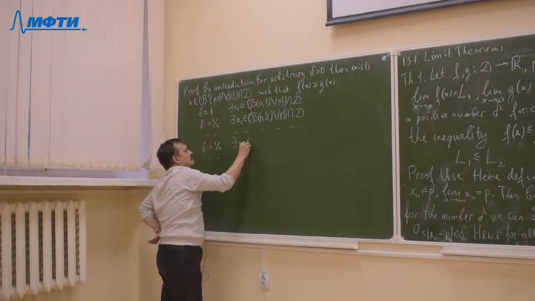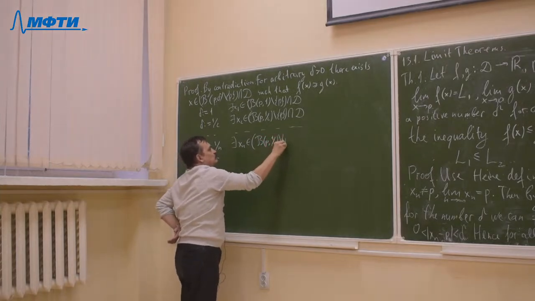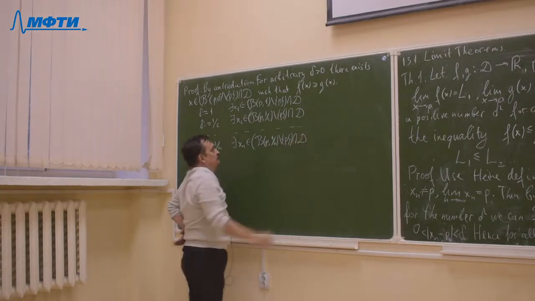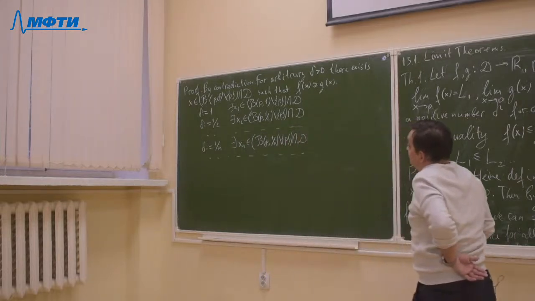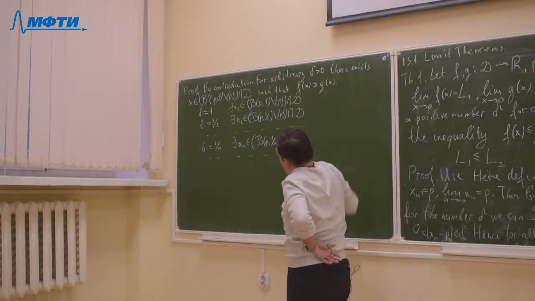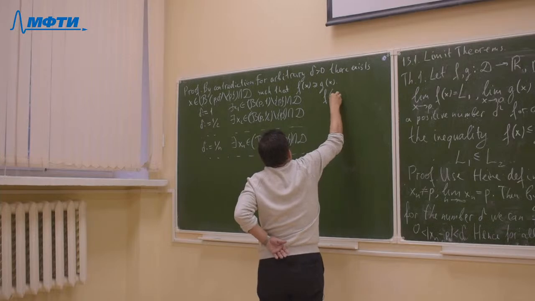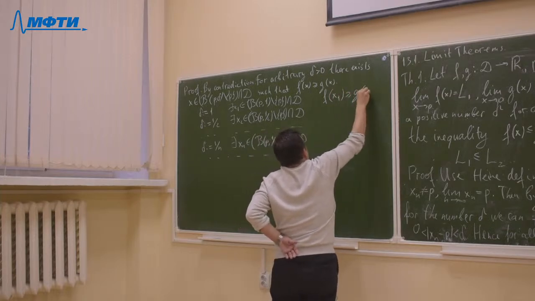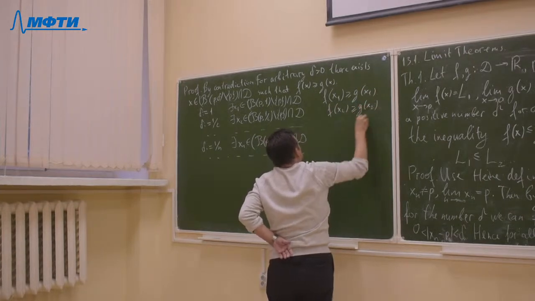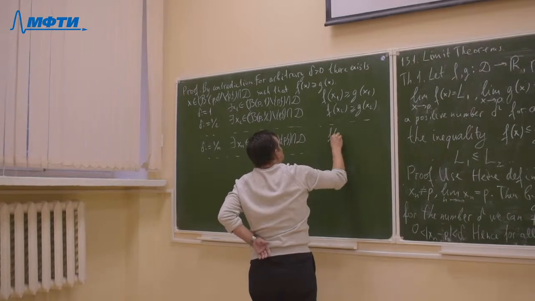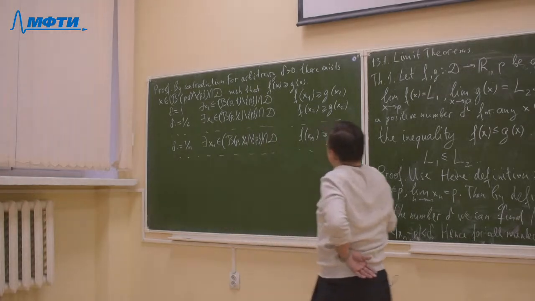There exists xn in B of p, 1 over n, minus p, intersected with D, and so on. And each of those x's satisfies the inequality, so I write all those inequalities here. Okay.